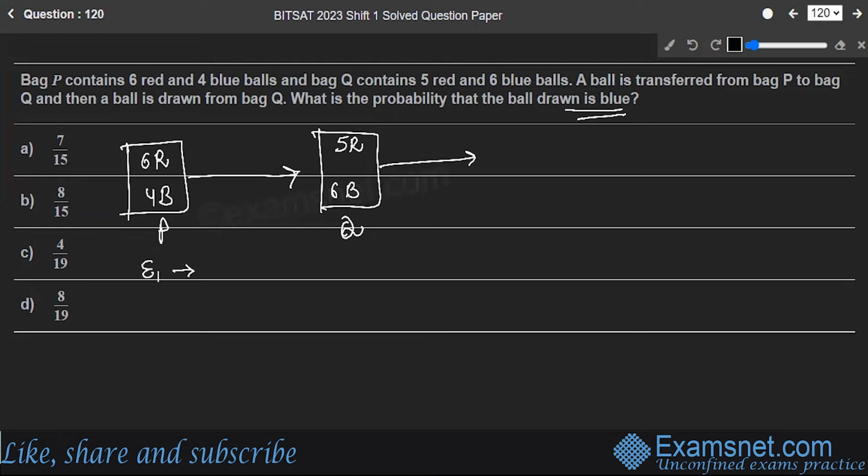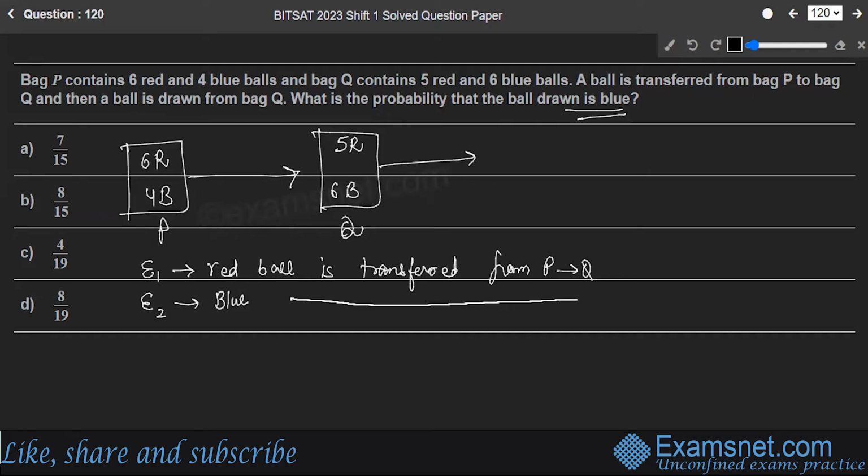Let's say E1 represents the event that a red ball is transferred from P bag to Q bag, and E2 is the event that a blue ball is transferred from P to Q bag. And let's say A is the event that the ball drawn from Q bag is blue.